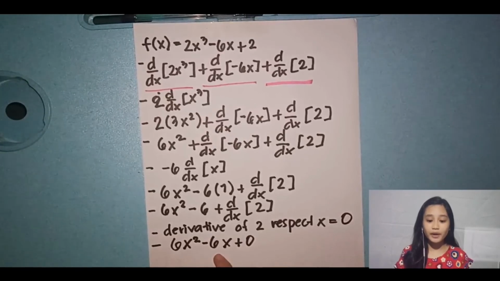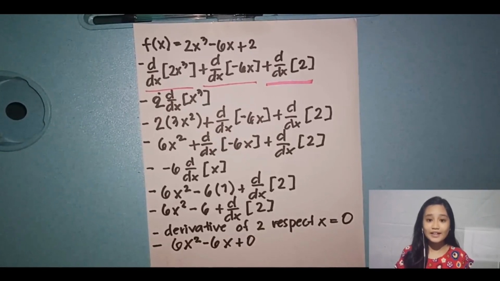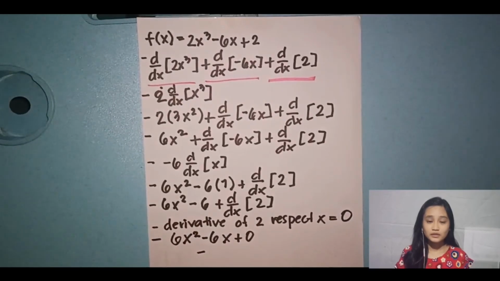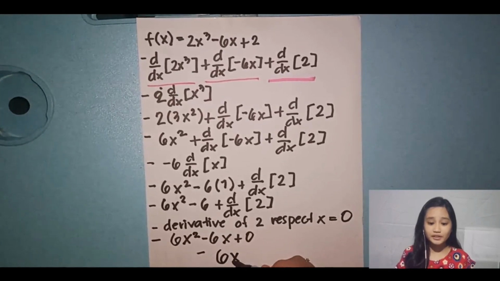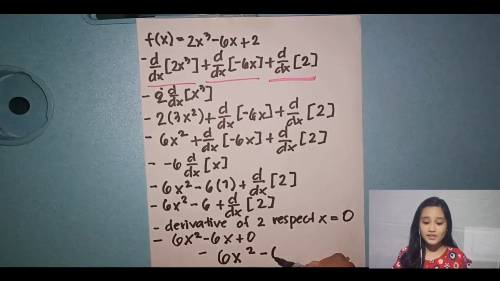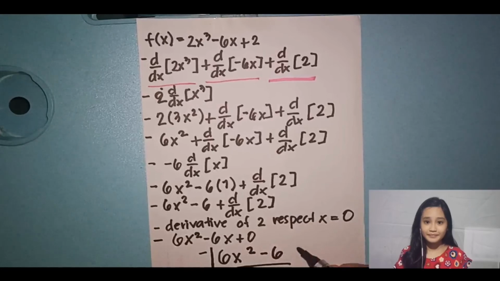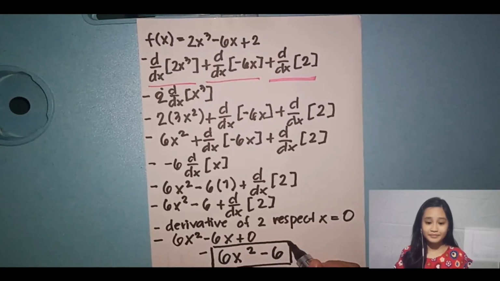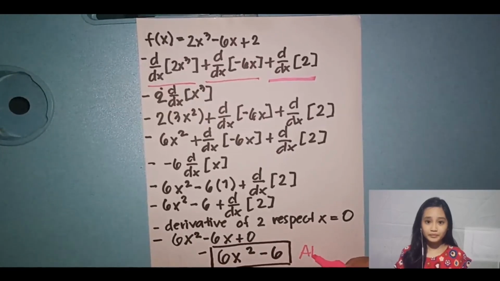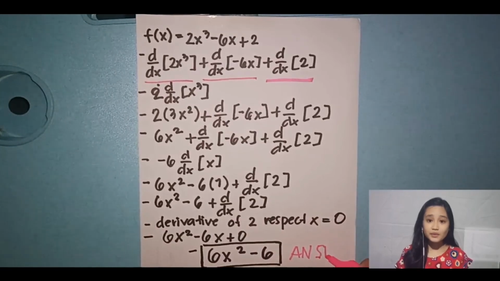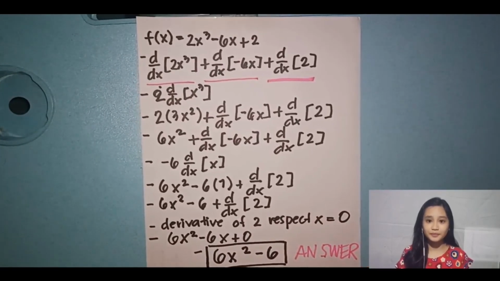Add 6x squared minus 6 and 0, then the answer is 6x squared minus 6. So, 6x squared minus 6 is the final answer.